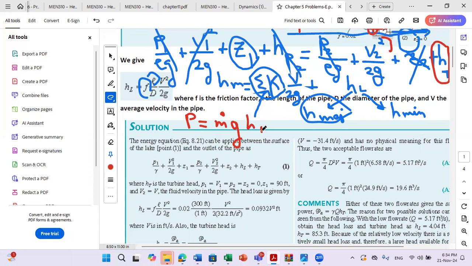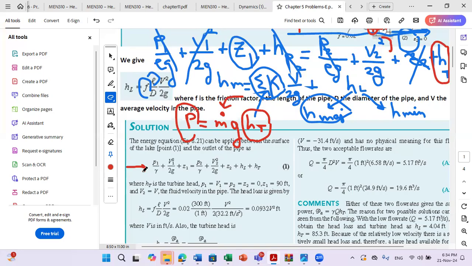So if I have the power extracted and I want to determine the mass flow rate, I need to evaluate the turbine head. And I can evaluate it through my general Bernoulli equation.